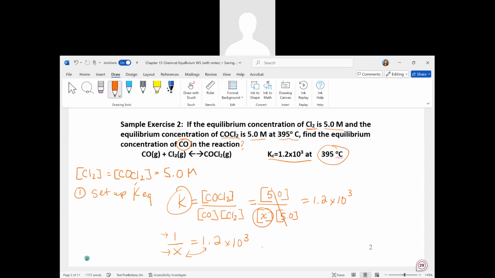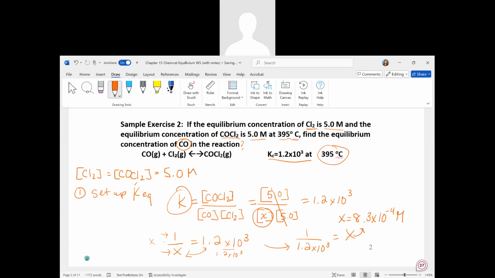We'll multiply both sides by x and then divide by 1.2 times 10 to the third on both sides. We get this rearranged expression over here: 1 over 1.2 times 10 to the third will equal our x. And we can plug this into our calculator and find that x will be equal to approximately 8.3 times 10 to the negative 4th molar.